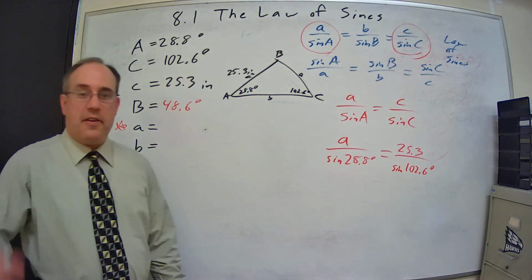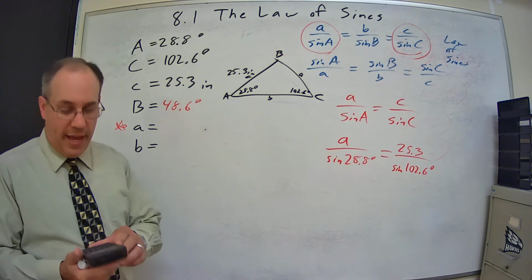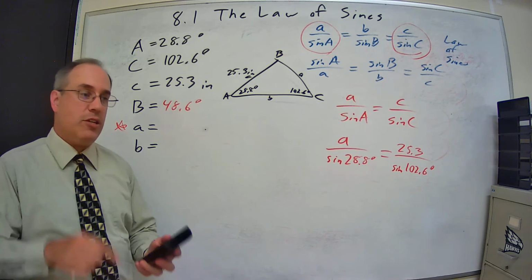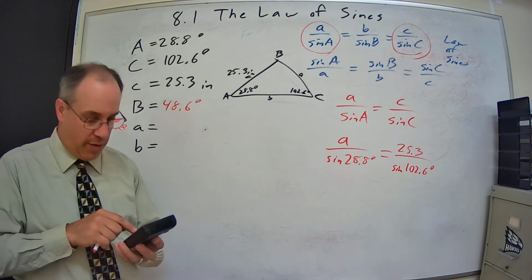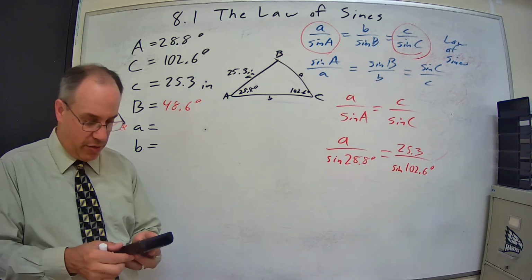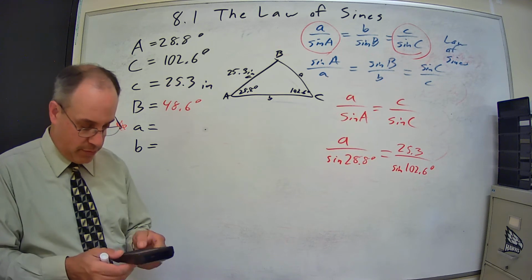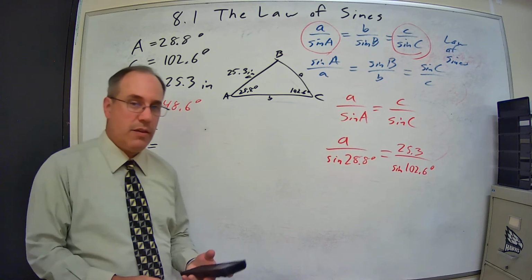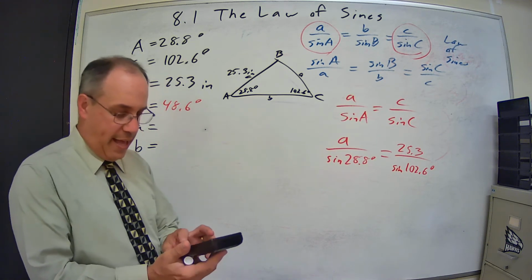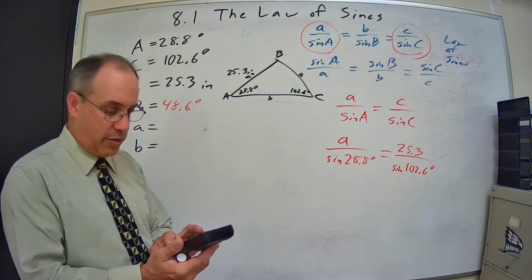Okay? Critical thing. Make sure your calculator is in degrees. So I'm going to set my calculator into degrees. And if you want to verify that, take the sine of 90 degrees.